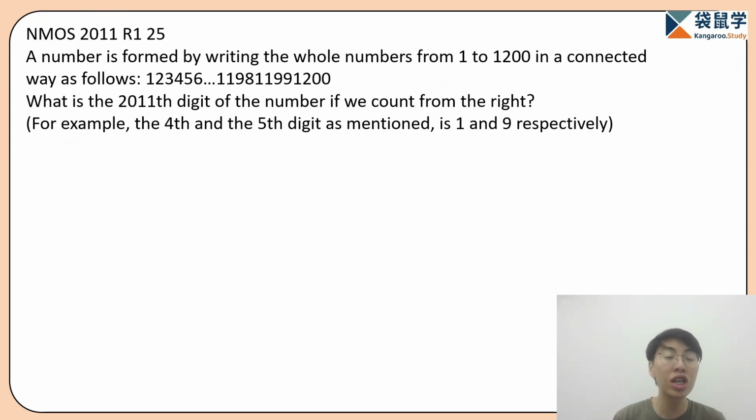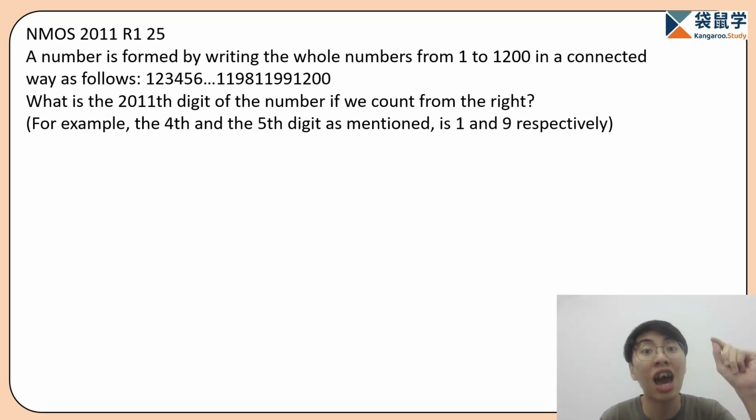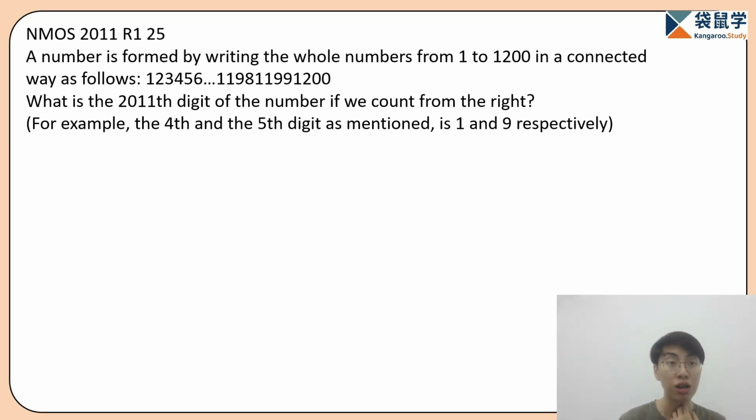So this question is from NMOS 2011 round 1 question 25. The question says, we have this number formed by writing the whole numbers 1, 2, 3 all the way until 1200 in a connected way, such that I get this number 1, 2, 3, 4, 5, 6 all the way until 1198, 1199 and 1200.